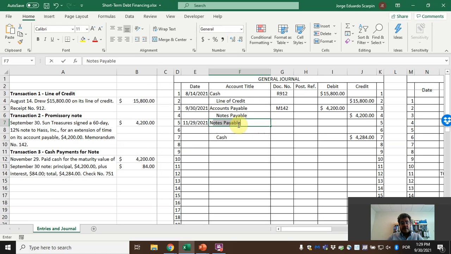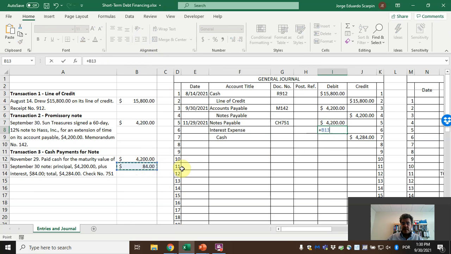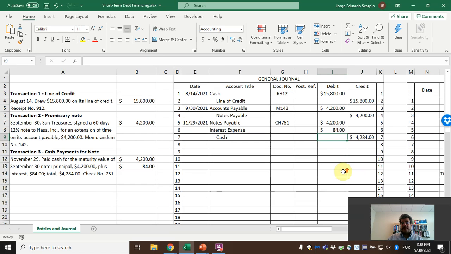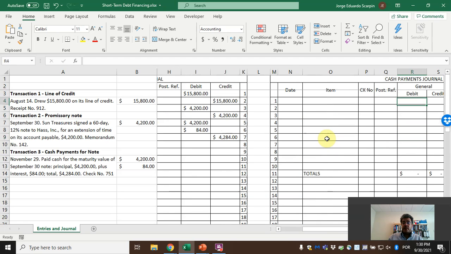Now we debit the notes payable with the check number 751, 4,200, and we debit interest expense. That is the difference between the cash payment and the notes payable. So it is a debit 84, and now our debits and credits are matching. And then the cash payment journal. Now we have it.